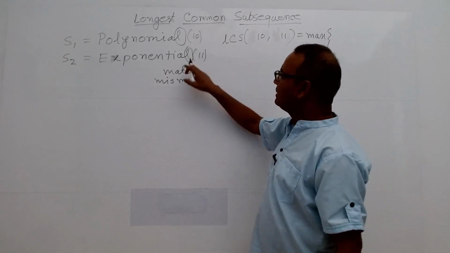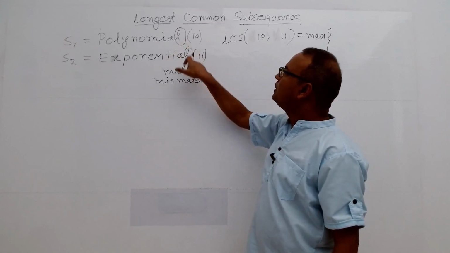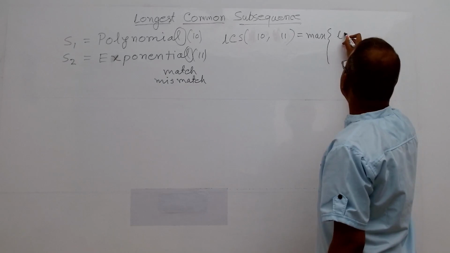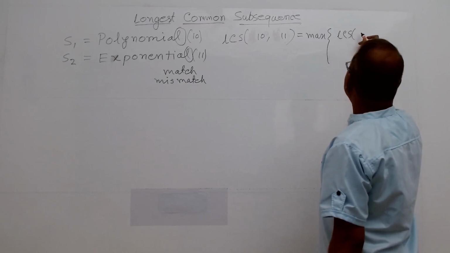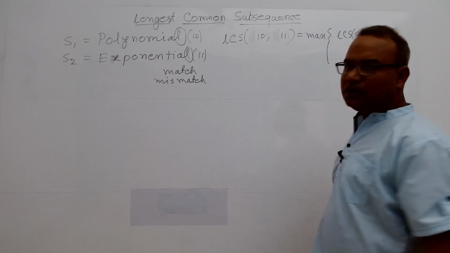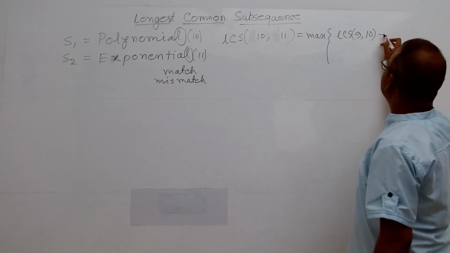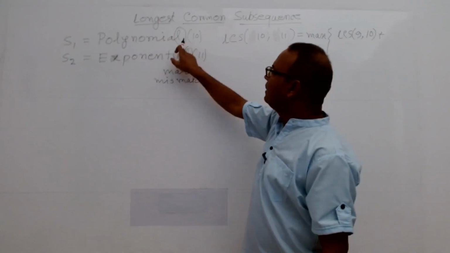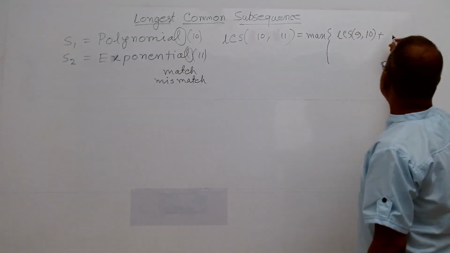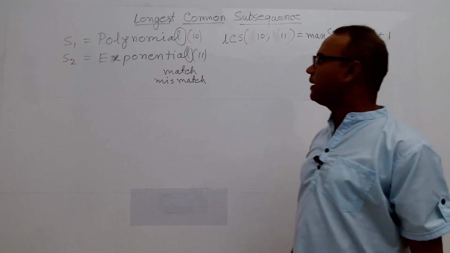Suppose there is a match. So we are going to chop one character from both these substrings. So it will be LCS between string length 9 and string length 10. I have reduced one character from both the strings, and one character is selected. This is going to be inside the common subsequence, so I am writing +1 here.